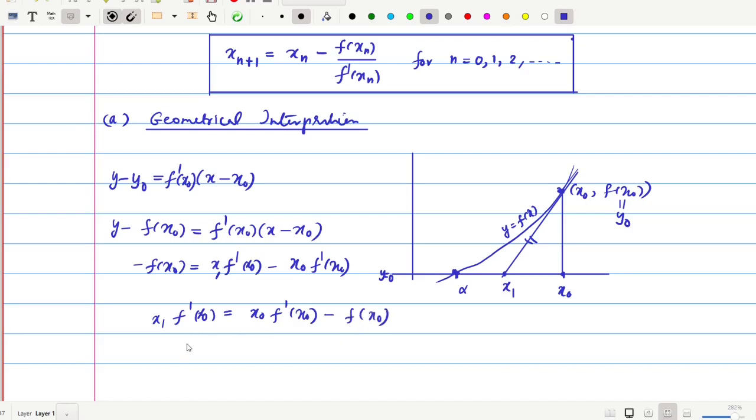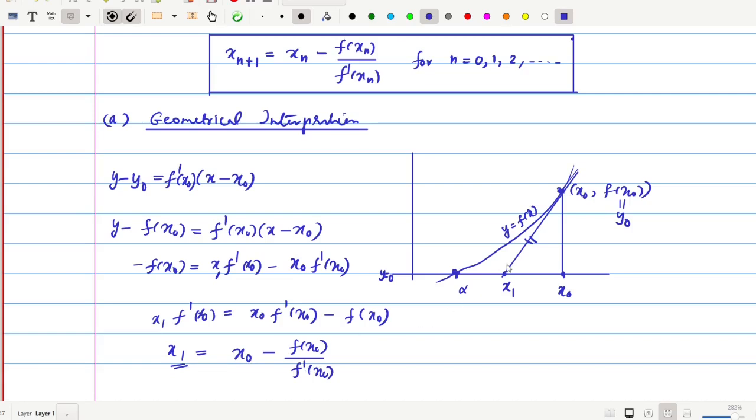So x1 takes the form x naught minus f of x naught divided by f dash of x naught. So using this equation and this value of x naught, you can get the value of x1.